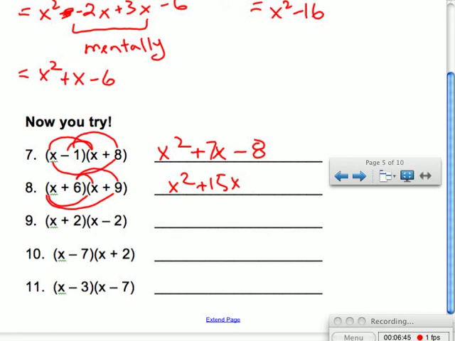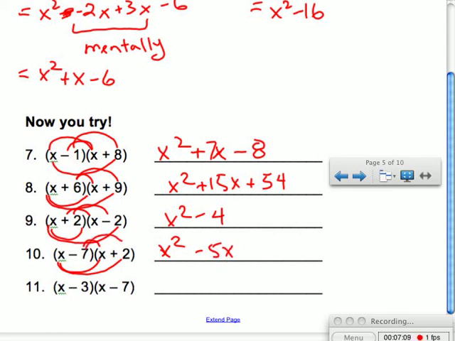X squared minus 2x plus 2x cancels, minus 4. X squared plus 2x minus 7x, so minus 5x, minus 14. X squared minus 7x minus 3x, minus 10x, plus 21.